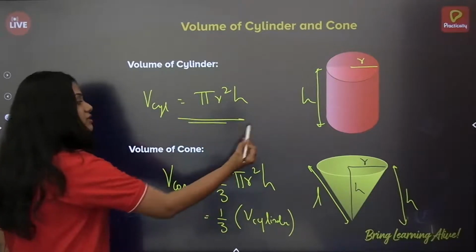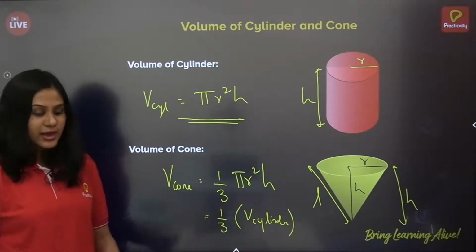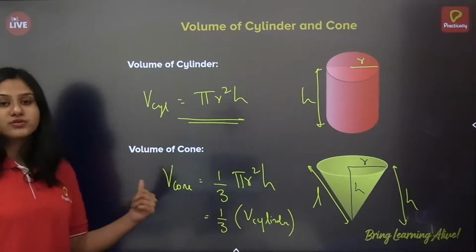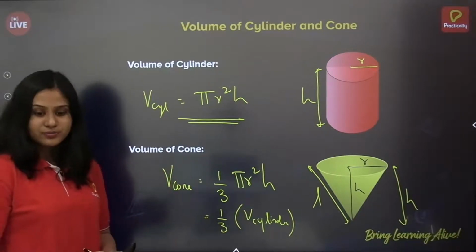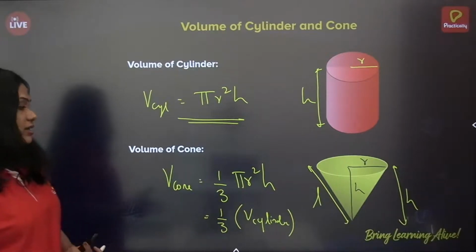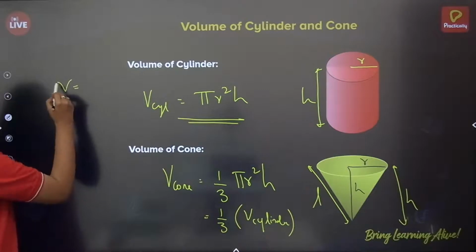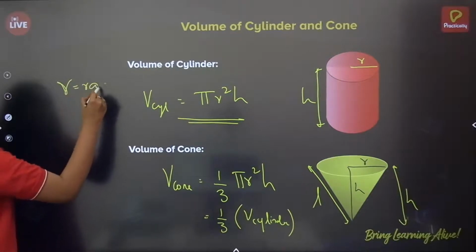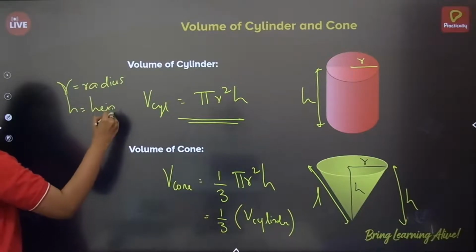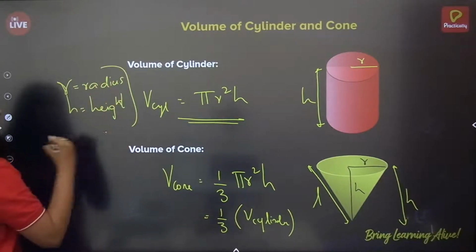Volume of cylinder is nothing but pi r square H. So, this is the relation between volume of cone and volume of cylinder. R is radius, H is height.